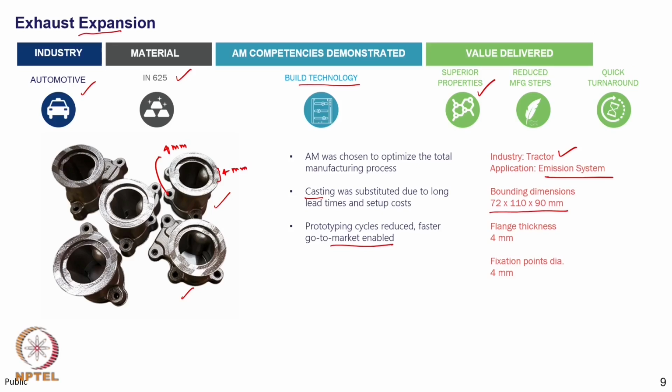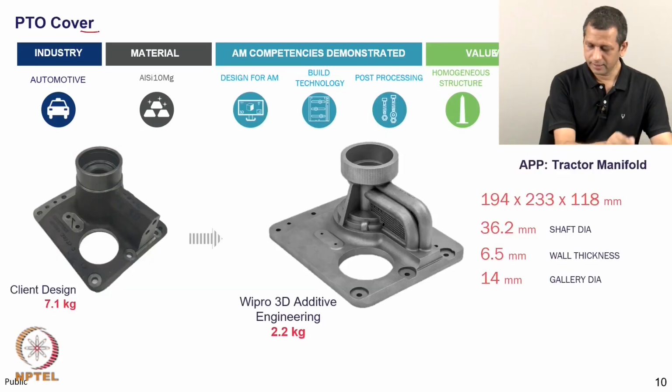We can try different processes quickly because iterations are quickly possible in additive manufacturing. So, superior properties can be achieved. Also, the number of manufacturing steps can be reduced heavily, and these parts can be quickly produced from prototype to final deliverables. PTO cover is another example.